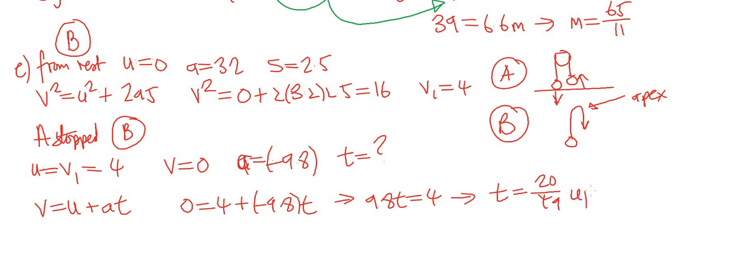So this is up, and as there's no other force acting on it, we have to assume it takes the same amount of time to come down, because the only force acting is gravity. So we double this. So t is actually equal to 40 over 49 seconds.